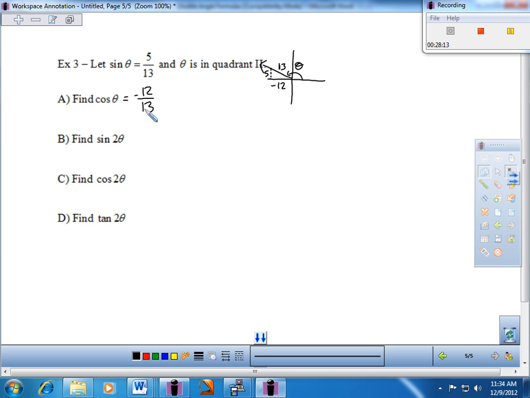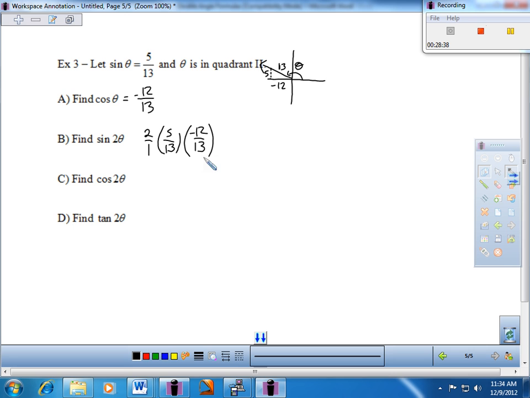Let's go ahead and do a sine and cosine and tangent on the double from the trig ratios on the original. So what I do for this one, everyone, is just 2 over 1, and in the sine ratio of theta, which is 5/13, and in the cosine ratio of theta, which is negative 12/13. So it's just like the last problem there.